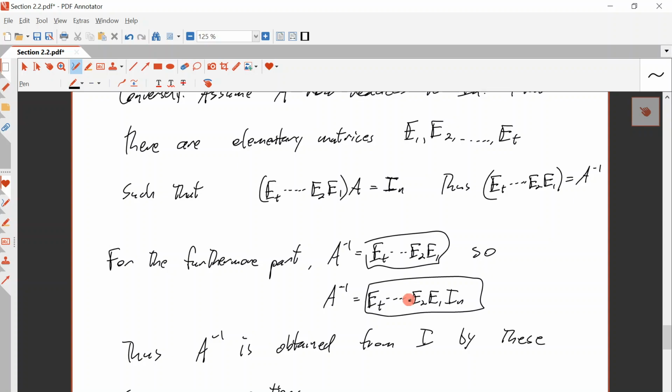However, this product also represents taking a sequence of elementary row operations from I, and in the end, you get the result, which is A inverse. Pretty neat. It's a real simple characterization of when an inverse matrix exists and how to find it.